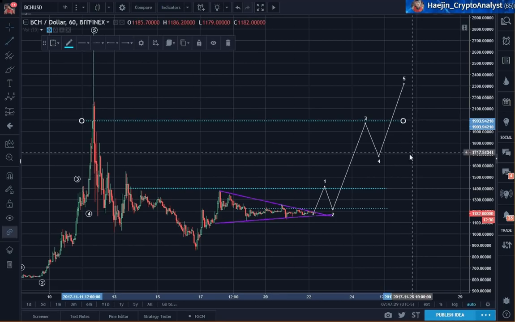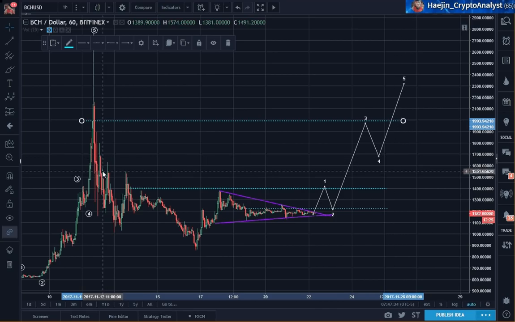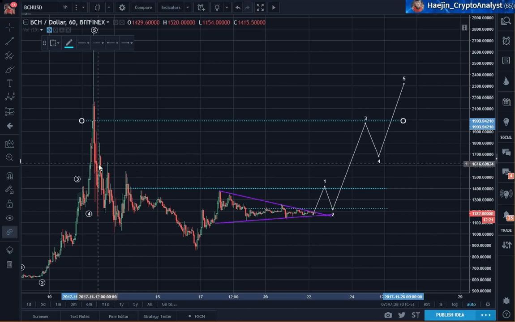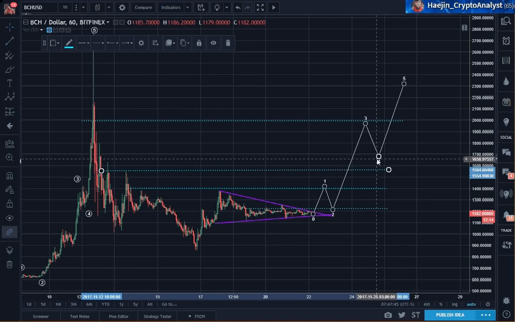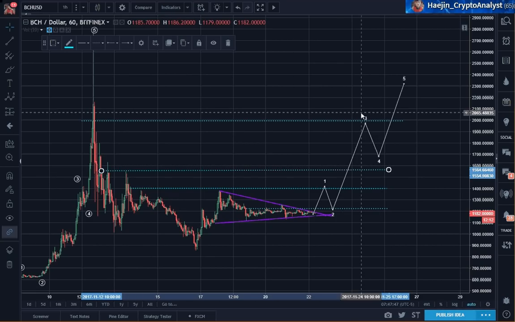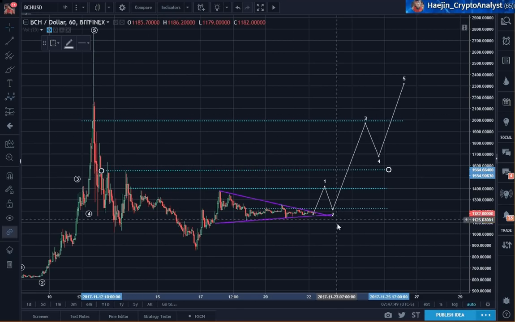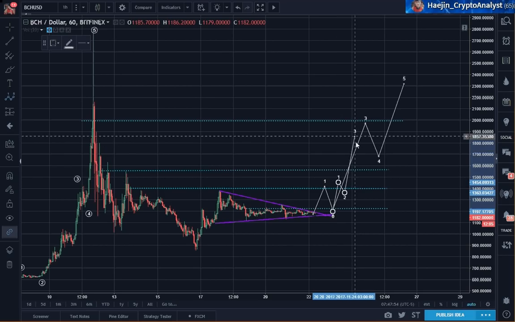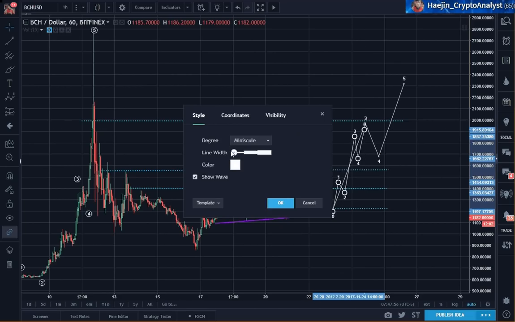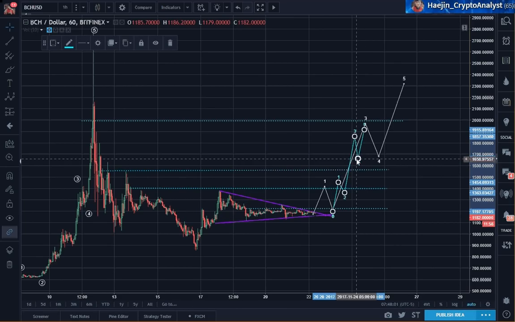Okay. And on my 4, I was thinking about landing it here, which is a good support zone, and it's close enough. But I landed a little above because the subwave of 3 will probably have it so that 1, 2, 3, 4, 5, so that wave 4 is here, probably above.